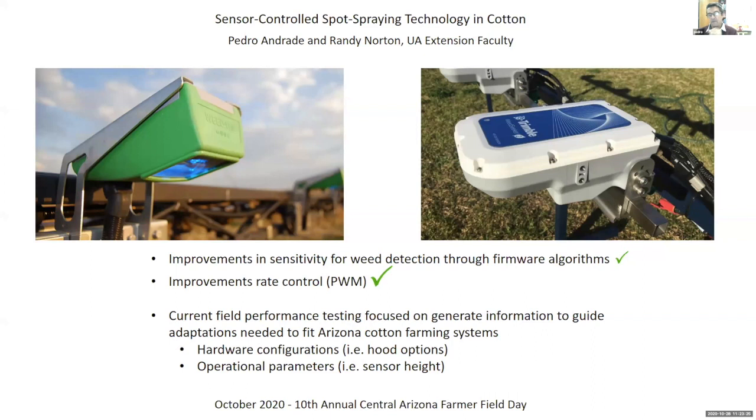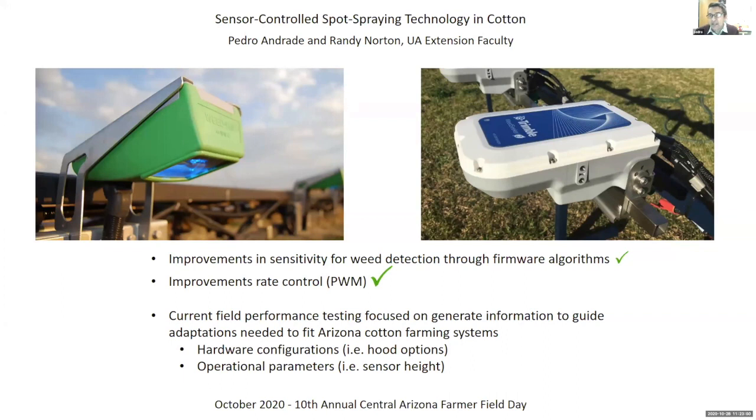It is well known that there are improvements in sensitivity. These systems now use more processing power, and they are able to make better distinctions in weed detection than the previous versions.